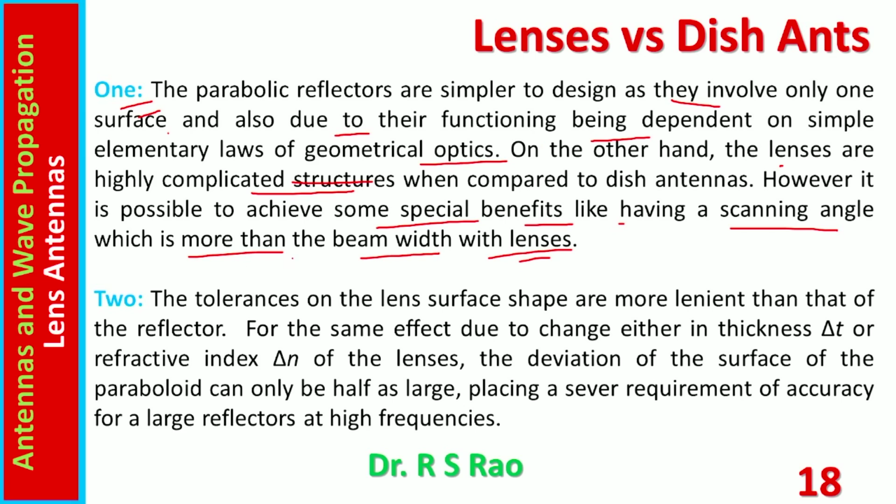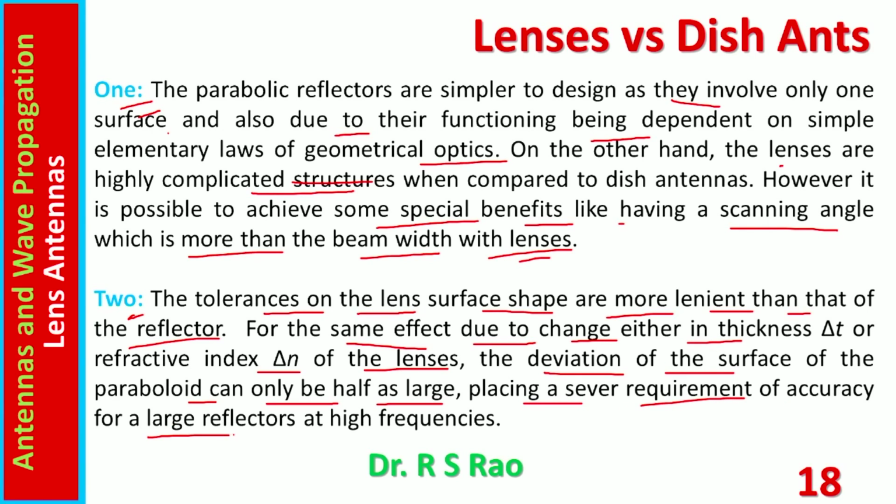Lenses are complicated structures. Second point, the tolerances on the lens surface shape are more lenient than that of the reflector. For the same effect due to change either in thickness delta t or refractive index delta n of the lenses, the deviation of the surface of the paraboloid can only be half as large, placing a severe requirement of accuracy for large reflectors at high frequencies.